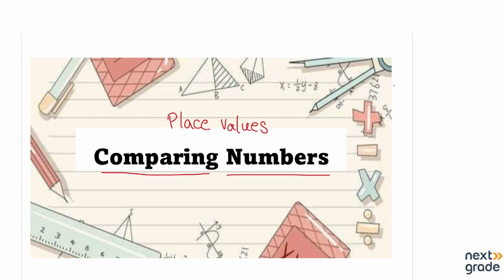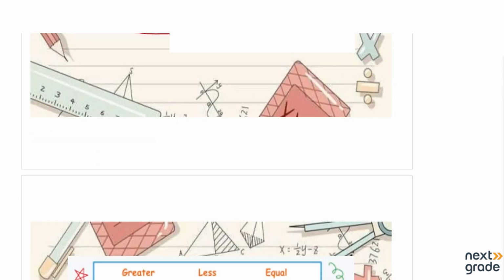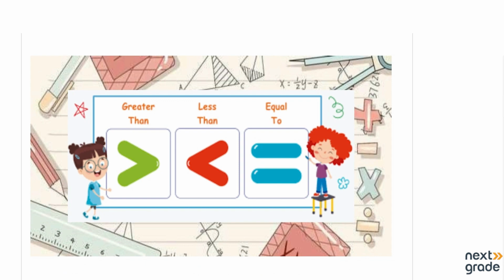And now in this video, we are going to use a lot of numbers in which we are going to compare them to each other. But before we start, we should know about some of the basic operators that are used to compare these numbers.